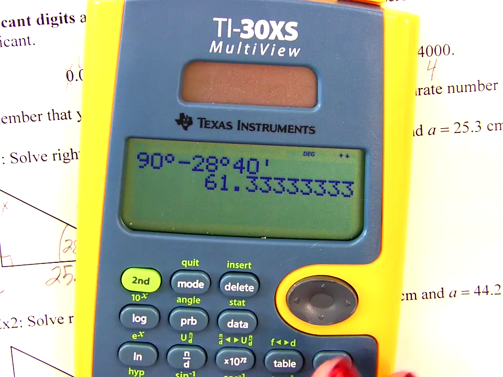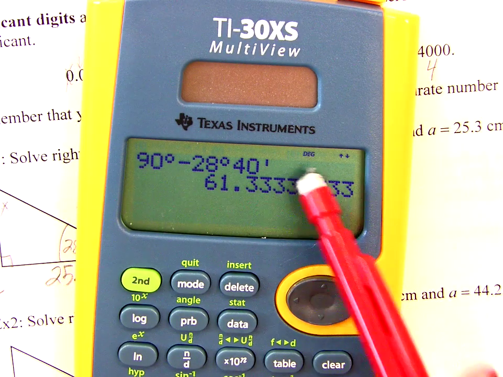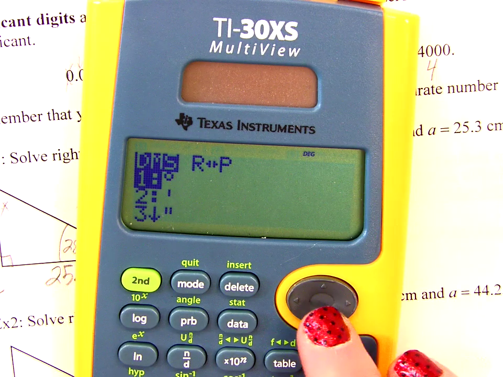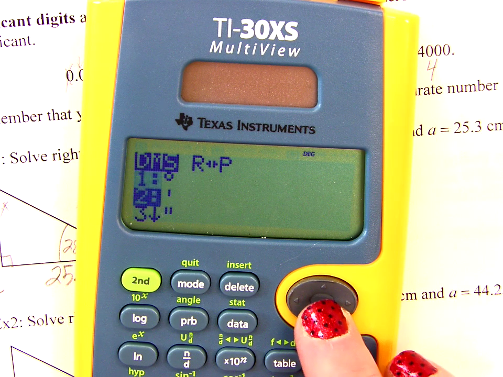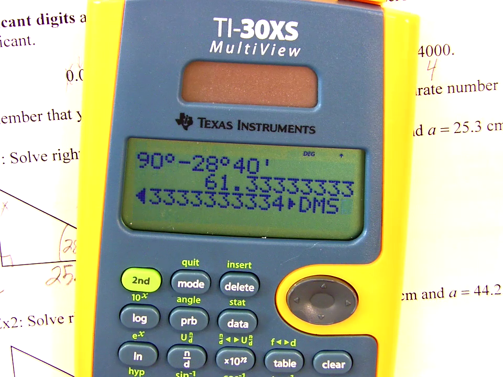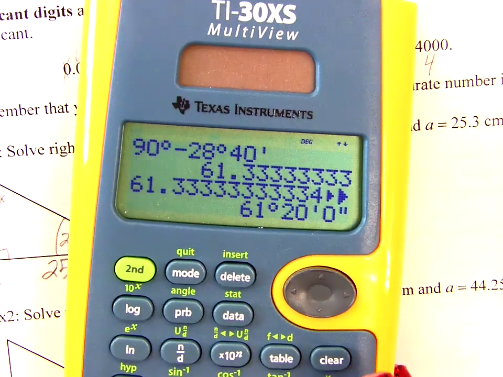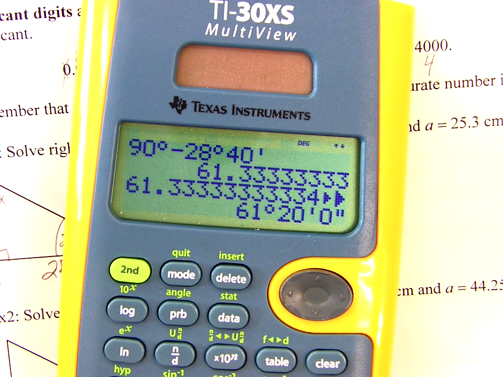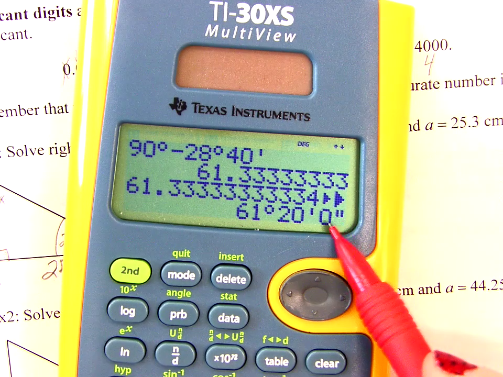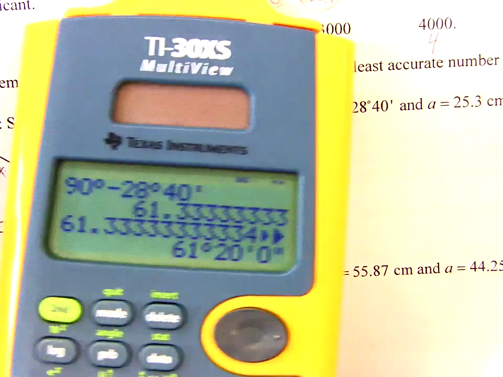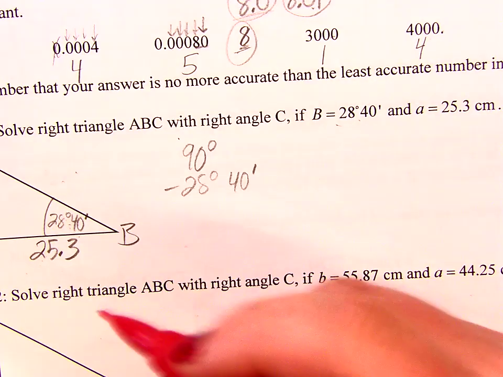Okay, and then do you remember how to change that into degrees, minutes, seconds instead of a decimal? Second angle, and then you scroll all the way down to choice 6. Do you get what I got? So, I don't need the 0 seconds. 61 degrees, 20 minutes.